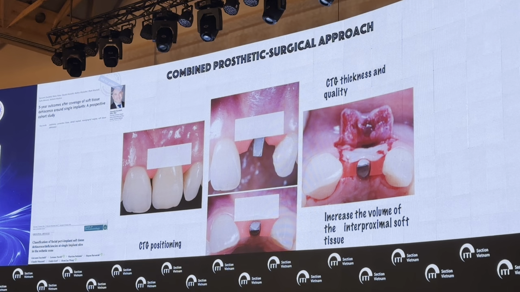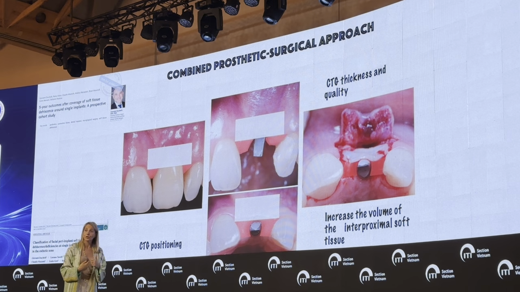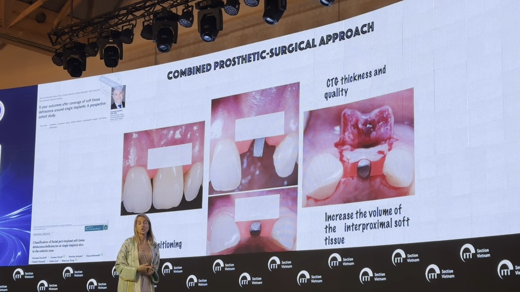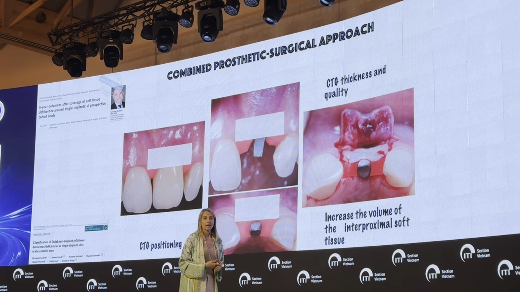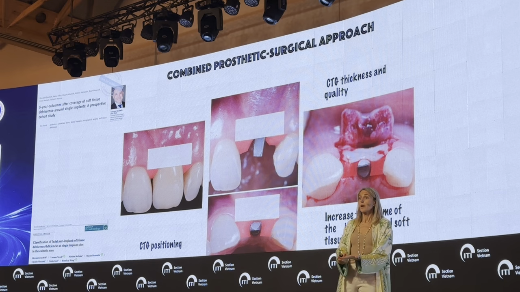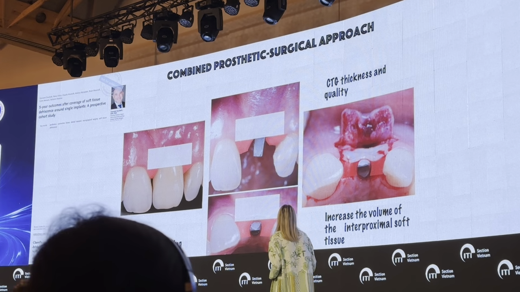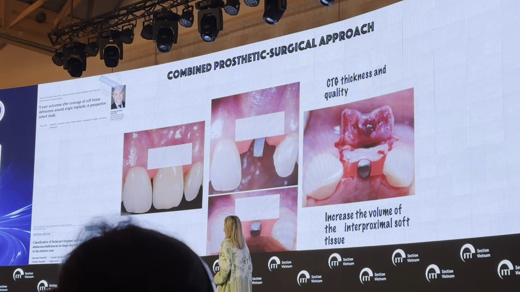So we also coronally advance our flap in excess in order to allow the prosthodontist to have more tissue in the coronal position that will be conditioned in the second prosthodontic phase after the healing of the mucogingival surgery. But at the same time, we allow the stability of the flap in this coronal position thanks to the increase of the vascular supply that derives from the interproximal soft tissue.